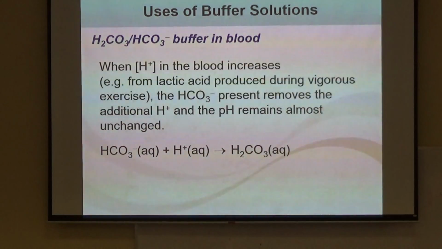Okay, about the shape. If you change the H plus concentration, the shape of the protein may get altered, and then it cannot function. And when we talk about proteins not functioning, basically you can die.